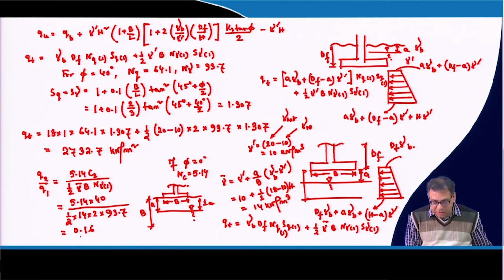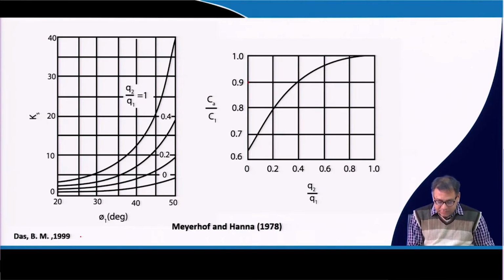Now, let us go to the chart. 0.1 will be here, 0.16 will be here. The phi value of the top layer is 40 degree.